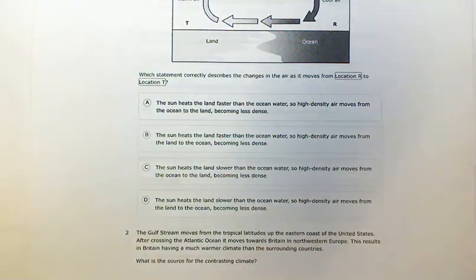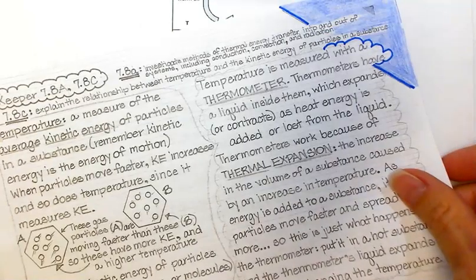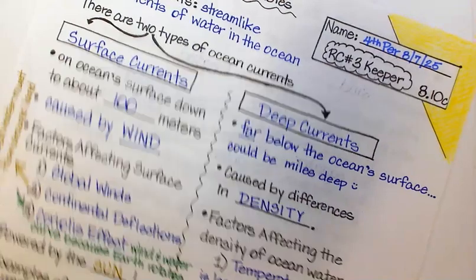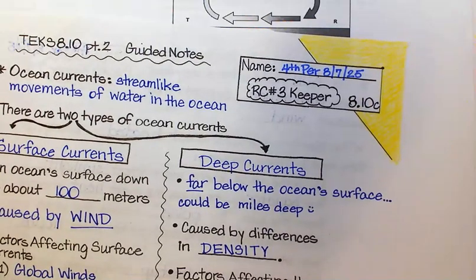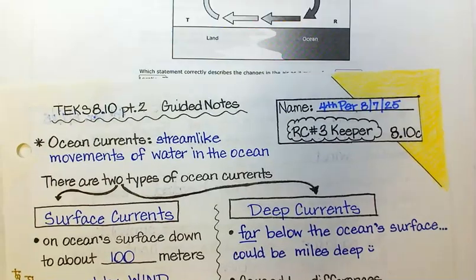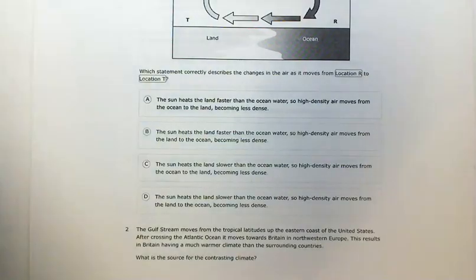You have the keeper on heat transfer. Again, I don't know if that's anything for this one that's going to be directly on the test, but maybe. Then you have this TEKS 810 part 1 on one side, part 2 on the other side. Have that handy. That's going to be very handy for winds and ocean currents.